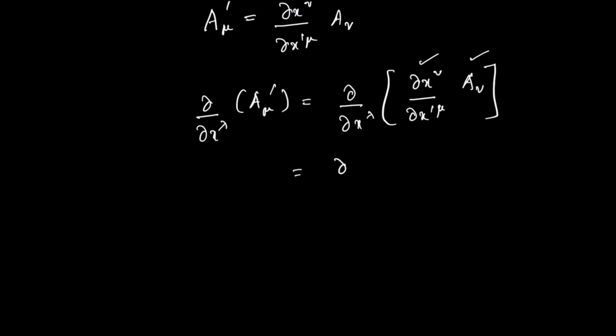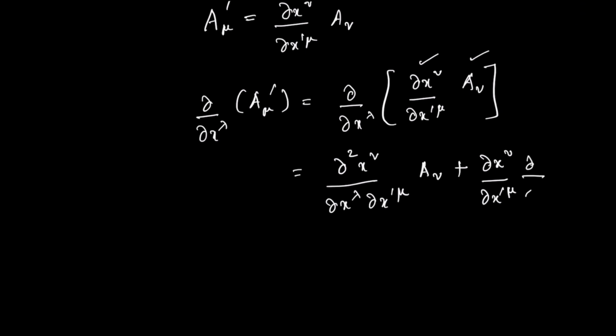So the second partial derivative of x nu with respect to x lambda and x prime mu, then a nu as it is, plus the partial derivative of x nu with respect to x prime mu as it is, times the partial derivative of a nu with respect to x lambda.